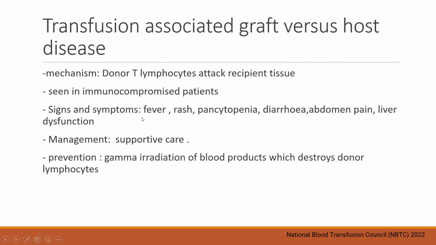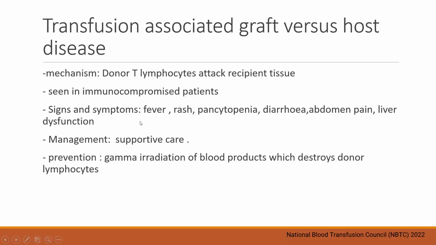Now, coming to the transfusion associated graft versus host disease, its mechanism is mainly due to the T lymphocytes present in donor blood, which attack the recipient tissues and organs. It is mainly seen in immunocompromised patients.